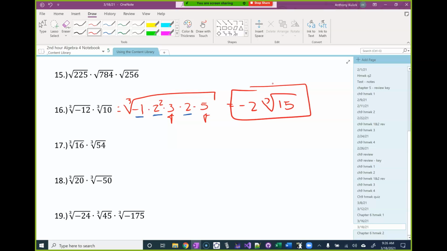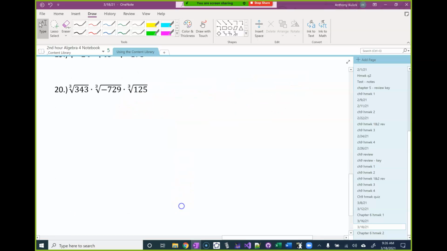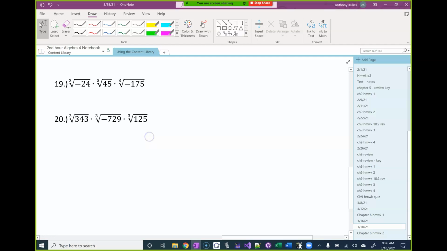Reese. 20? Sure. So I'm going to do it the same way. I'm going to do my prime factorizations, all under the same radical.